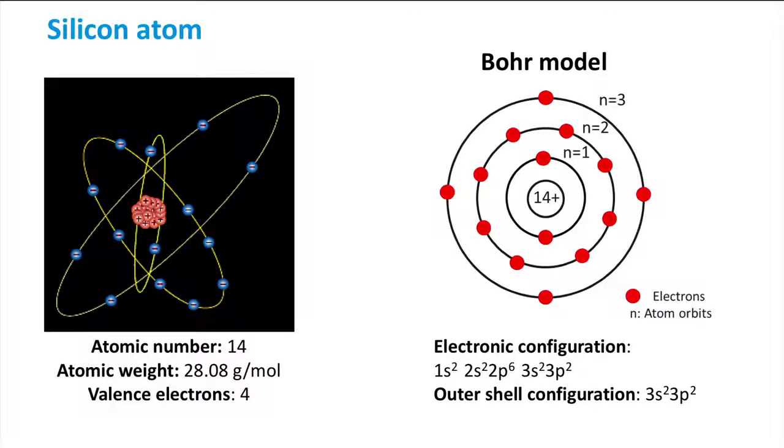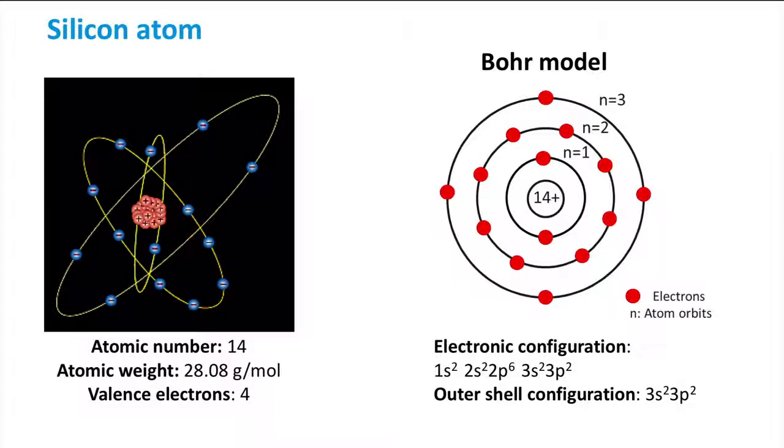We can see that there are 2 electrons orbiting in the first shell, characterized by quantum number 1, filling only the s orbital. In the complete second shell, 8 electrons are filling s and p orbitals. The third shell is not completely filled.